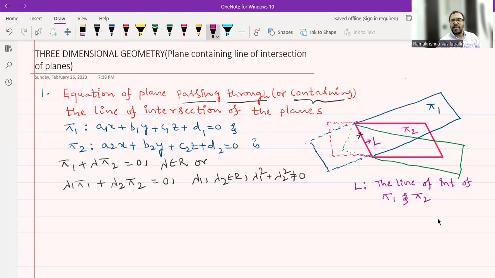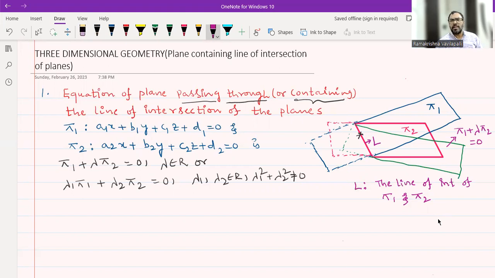So here I have taken another plane, the green one, which contains the line L. So this plane is pi1 plus lambda pi2 equal to 0. There exist an infinite number of planes containing the line of intersection of two planes.